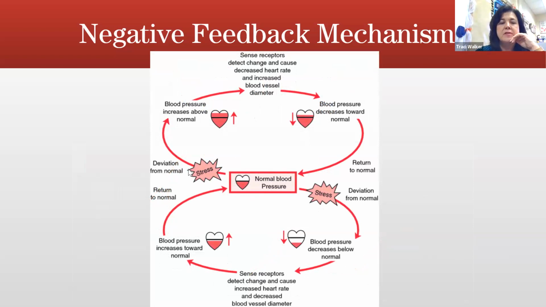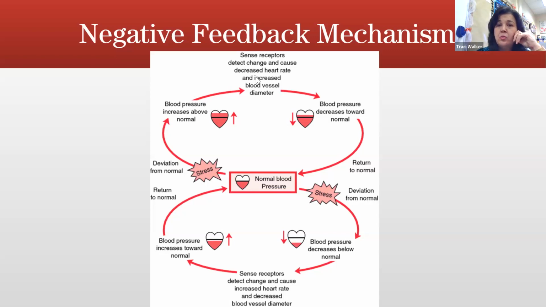But sometimes a stressor, either an external stressor or an internal stressor, will cause our blood pressure to go up. So if our blood pressure goes up, we have sense receptors that detect this change, and they send a message to the brain saying, okay, this blood pressure is too high, we need to do something.